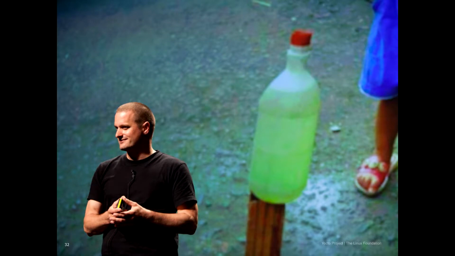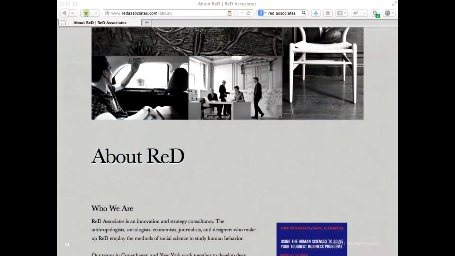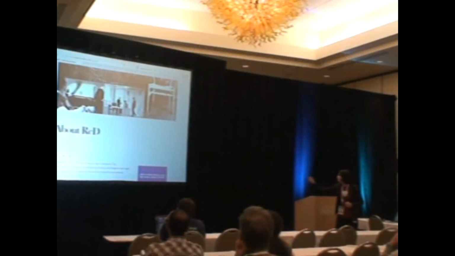This is John Chipchase. He's the head of global insights of Frog Design. So from now on, I'm no longer the interaction designer of the Yocto Project. I'm sorry, I'm the head of global insights of the Yocto Project. Isn't that cool? And this agency says they use the human sciences to solve your toughest business problems. Wow. What the hell is this? What's the story with this ethnography business?